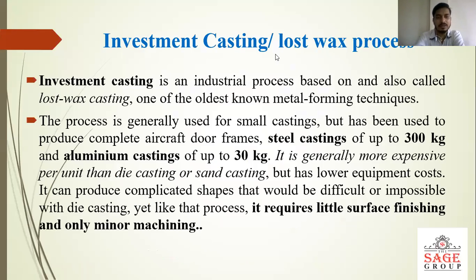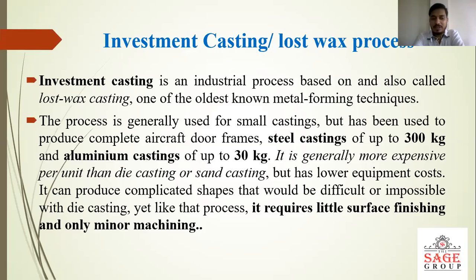Investment casting is an industrial process also called lost wax casting, one of the oldest known metal forming techniques. The process is generally used for small castings, but has been used to produce complete aircraft door frames, steel castings of up to 300 kg, and aluminum castings of up to 30 kg.